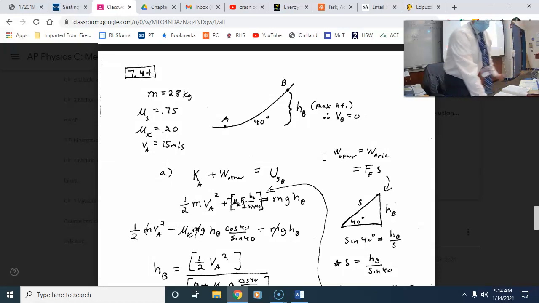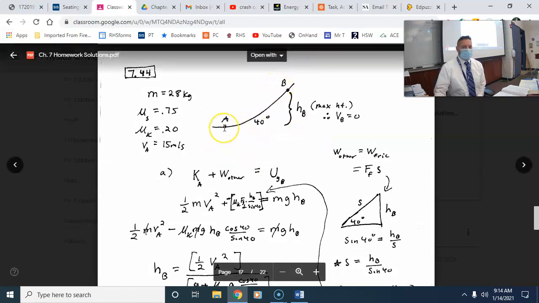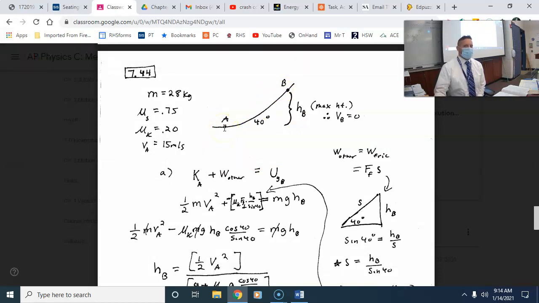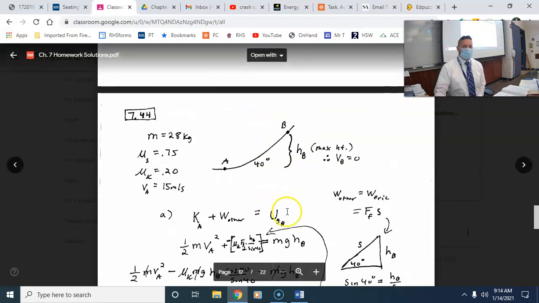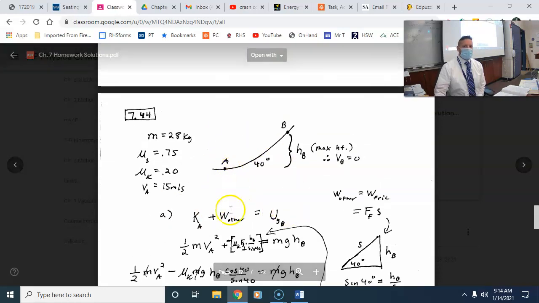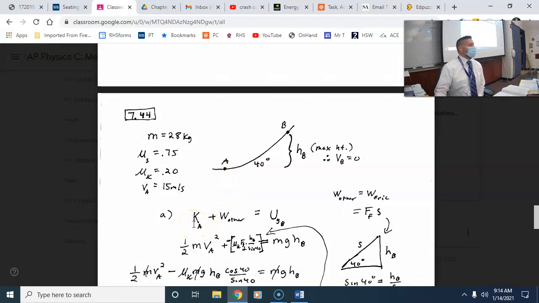So that's the first thing we're asked. We were given coefficients of friction, so obviously we can't ignore friction, right? And it specifically says use energy conservation methods to do this. So at the foot of the hill where we started, I just drew point A and point B right here. The hill hasn't inclined yet as I approach it, so the left side of my equation will have kinetic only, right?